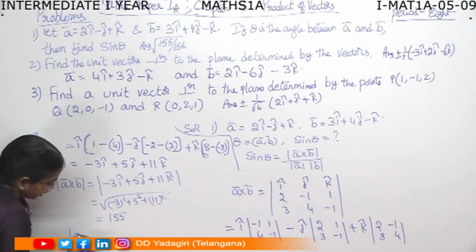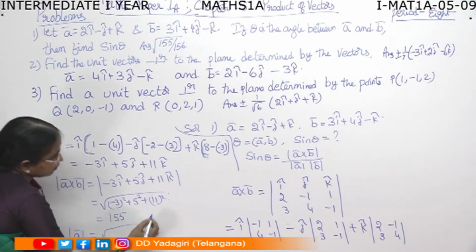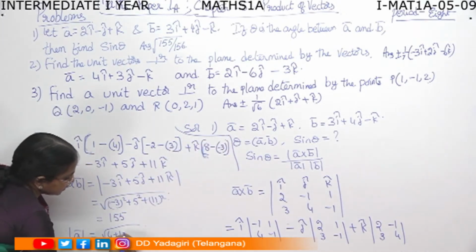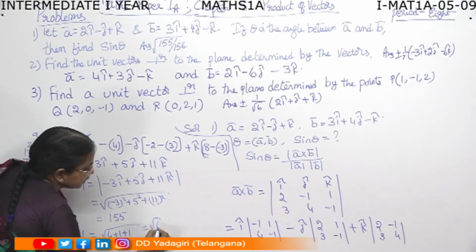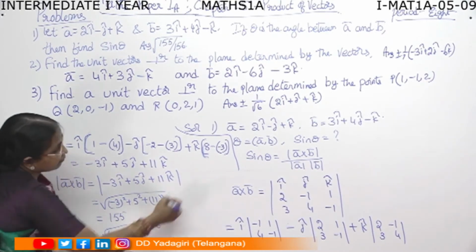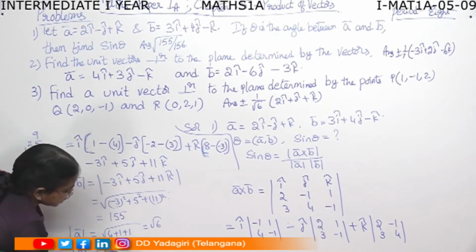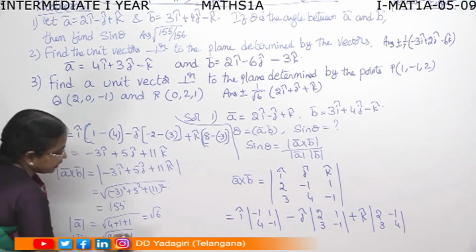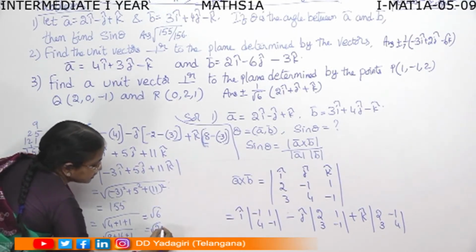Now you find mod A. In the same manner, mod A is root of 4 plus 1 plus 1, root 6. And then mod B is equal to root of 9 plus 16 plus 1, 26. So it is root 26.